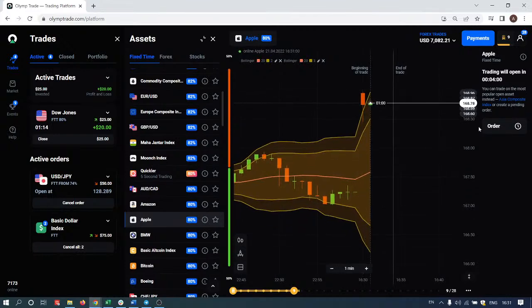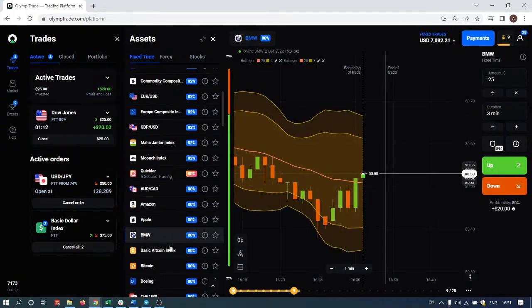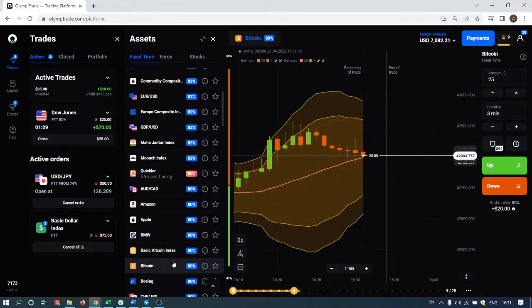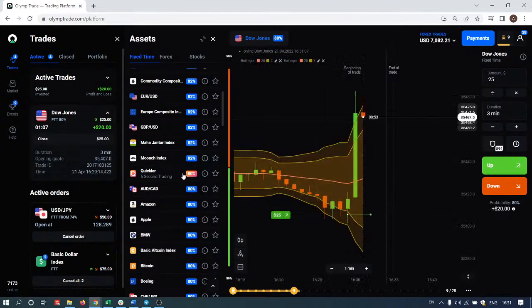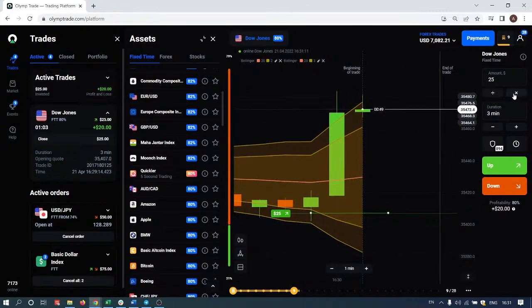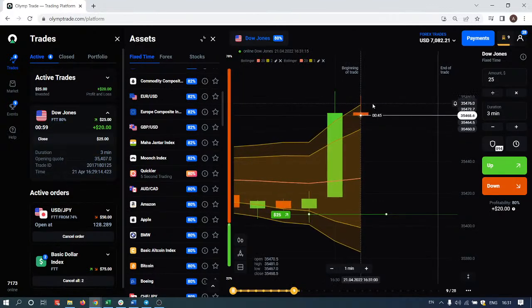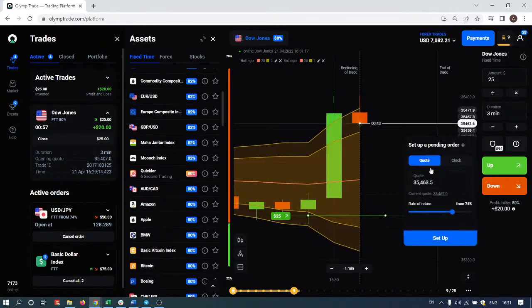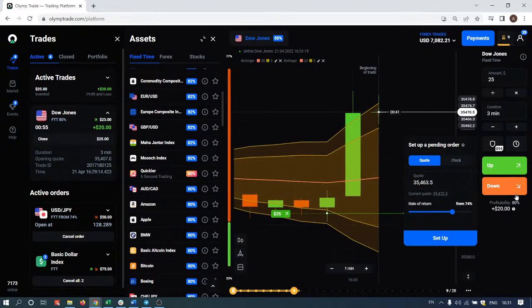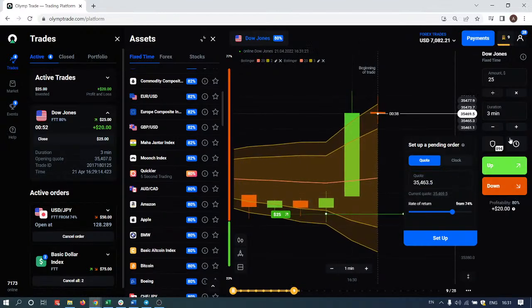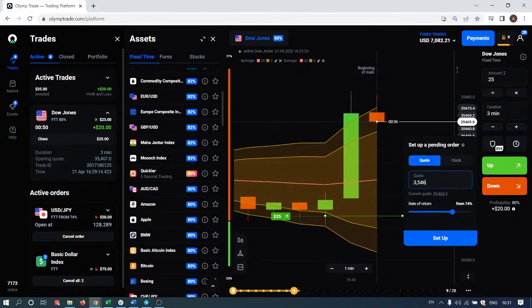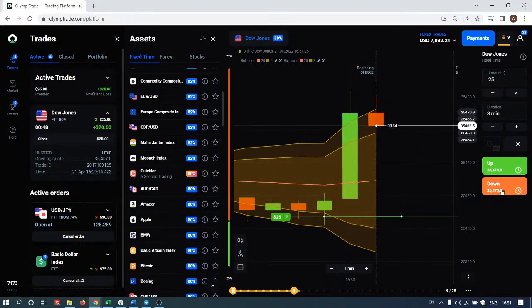Okay, so trading will open in 4 minutes. So we opened with a gap up on stocks. Wow, and look at this. Yeah, let's do another trade here. Hold on. So 75 and let's set a pending order here.